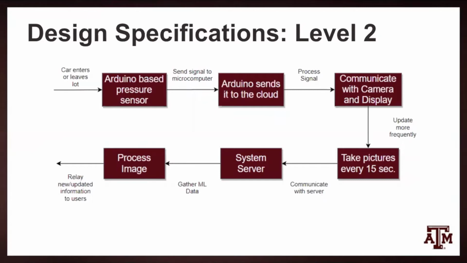So we have about 8 pictures for 2 minutes, and then those pictures are going to be sent to the machine learning system server that is going to go through and process all the images and find the open spot, and then we'll display the open parking spot.